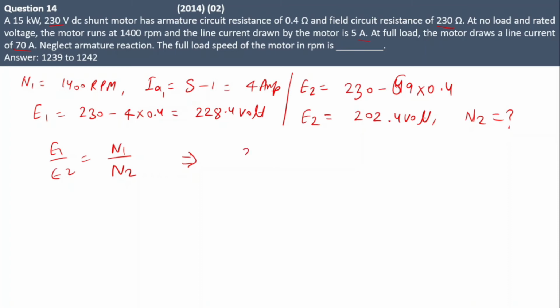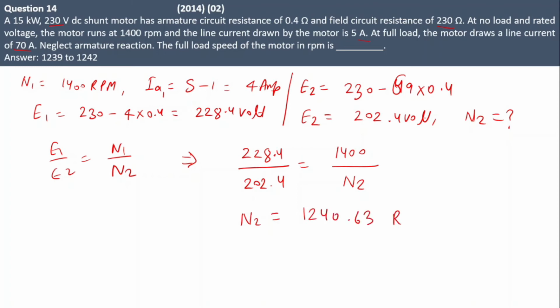So E1 is 228.4 divided by 202.4 equal to N1 which is 1400 divided by N2. So directly you will get N2 as 1240.63 RPM.